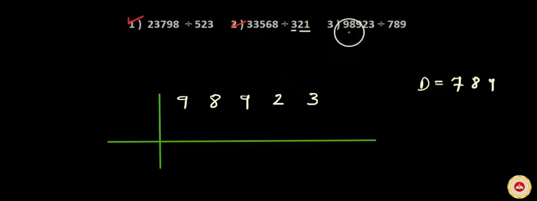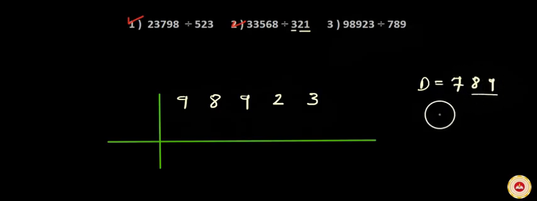The third example is 98,923 divided by 789. I have written the dividend already here. What is the divisor? The divisor is 789. See, these 3 digits are bigger digits, that means greater than 5. So let us convert this number into a vinculum number.